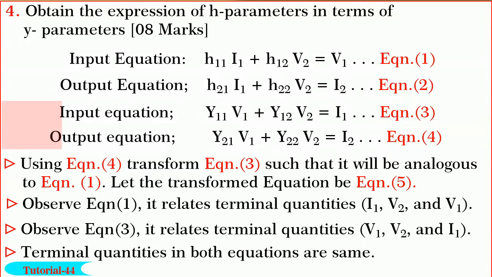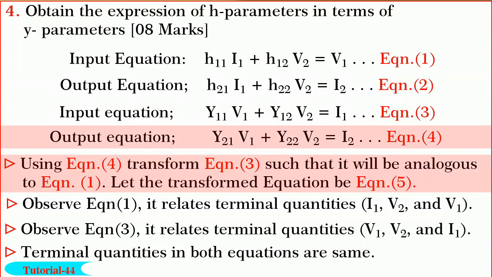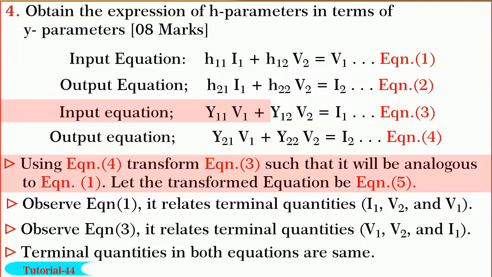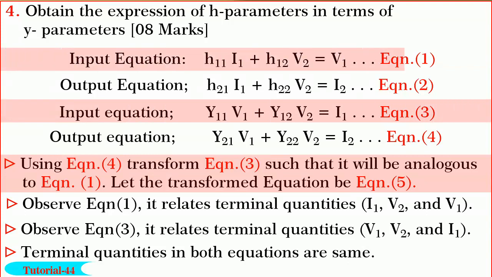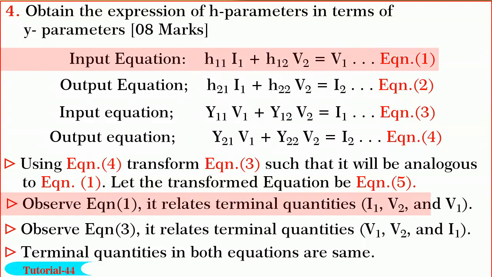Hope you understand that we know Y parameters, and using equations 3 and 4, we have to derive the required relations. So, the strategy will be using equation 4, transform equation 3 such that it will be analogous to equation 1. So, observe equation 1.